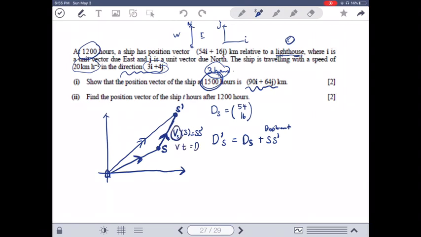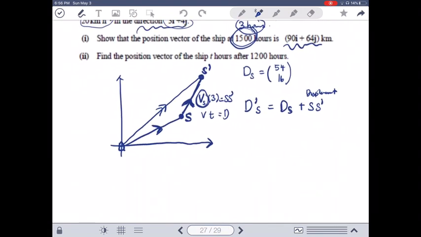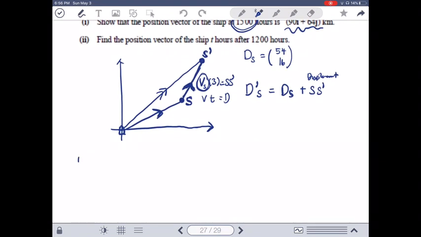So we need to find the velocity of the ship. How do we find the velocity of the ship? What information do we have? You know that the unit vector of direction is equal to the unit vector of velocity.